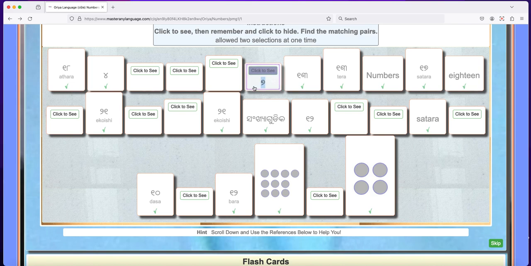This is 7. Sat. And Tetishi, is that 33 maybe? Nabe, na, 90.